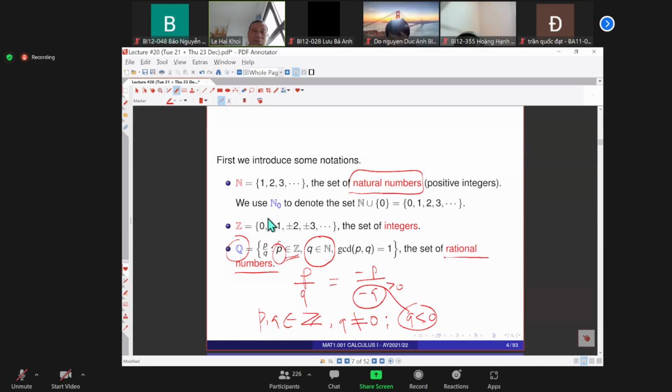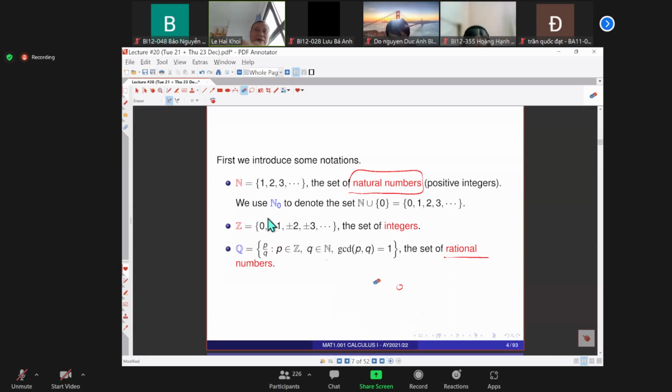Okay, but more than that, we need a third assumption for rational numbers, which is the GCD. What is that?